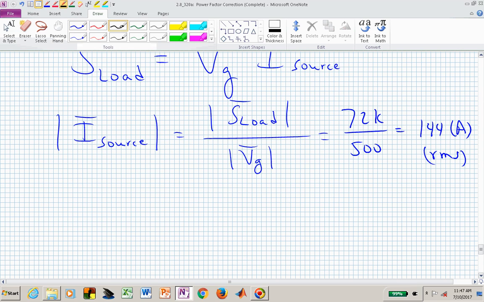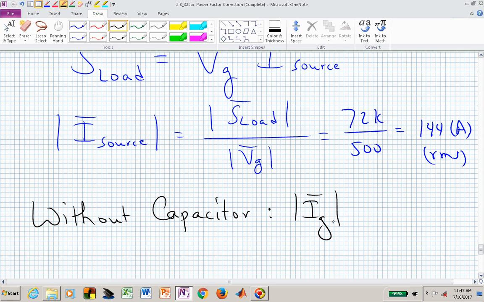And do you remember what we had before we introduced the capacitor? Where the capacitor was our power factor correcting capacitor, our generator was having to give us a magnitude of current of 184 RMS.